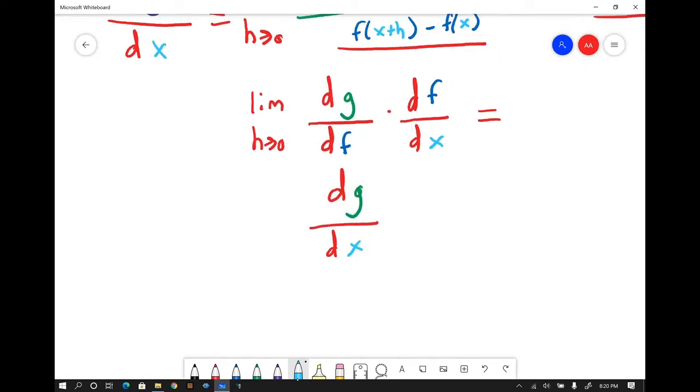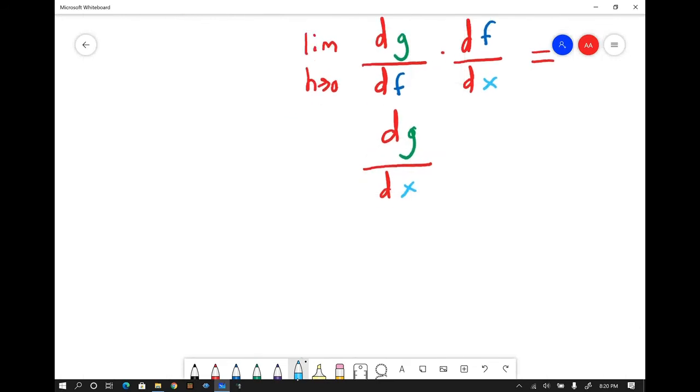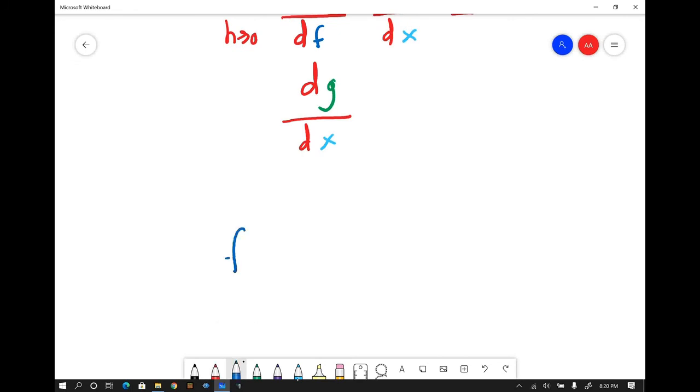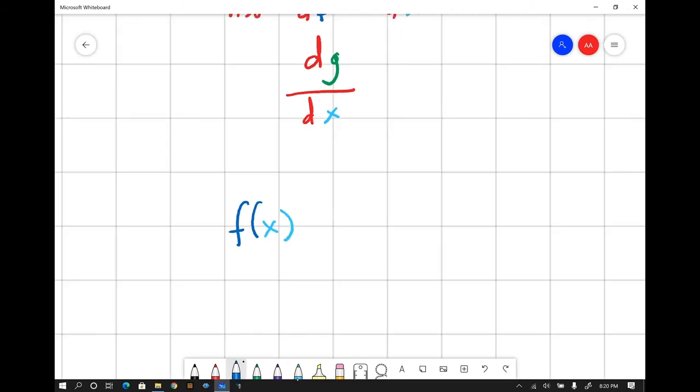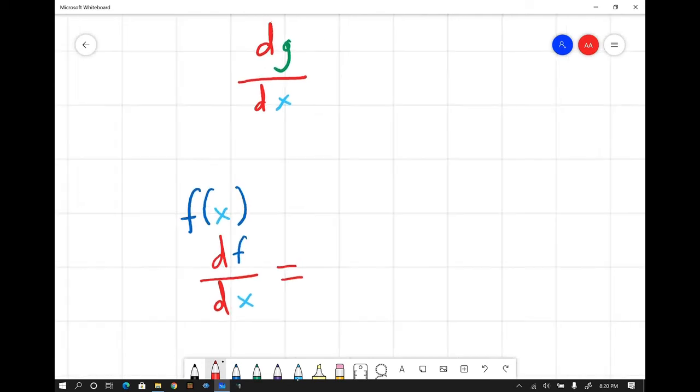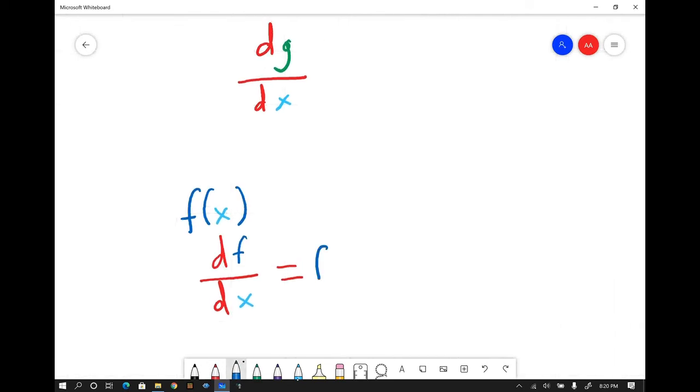However, there is actually another way to write derivatives. The derivative, say of f of x, if we have f of x here, we can say that the derivative of this is equal to df over dx, but another way to write this is by saying df over dx is equal to f prime of x.